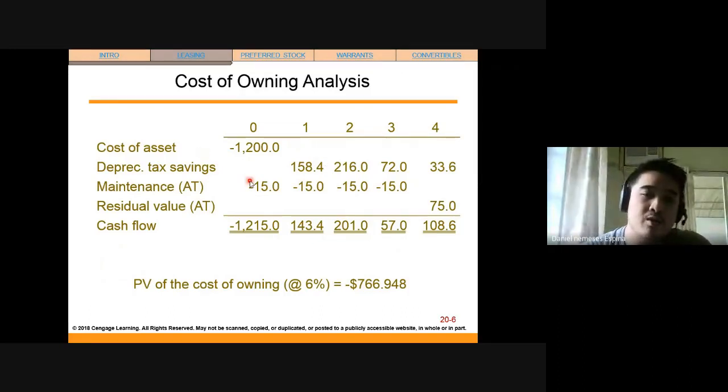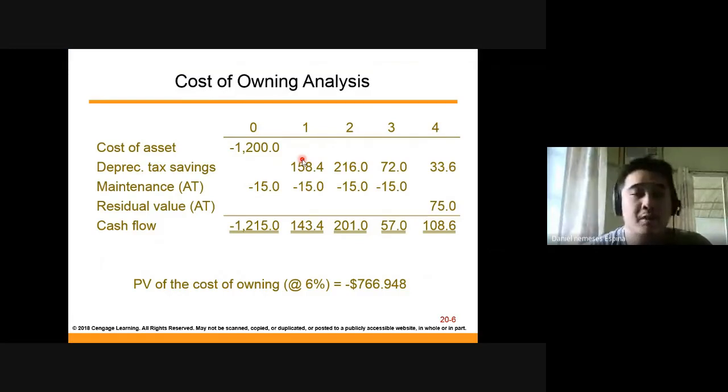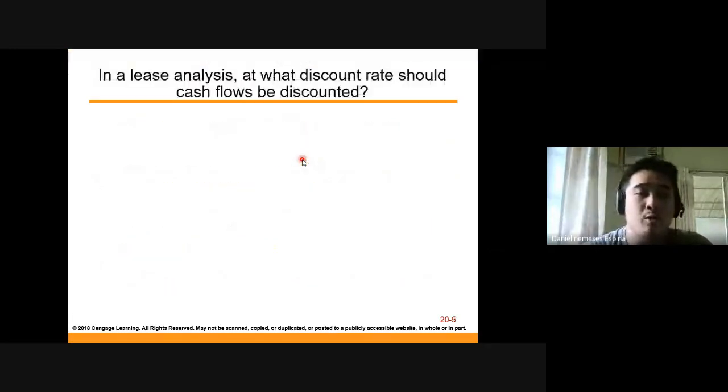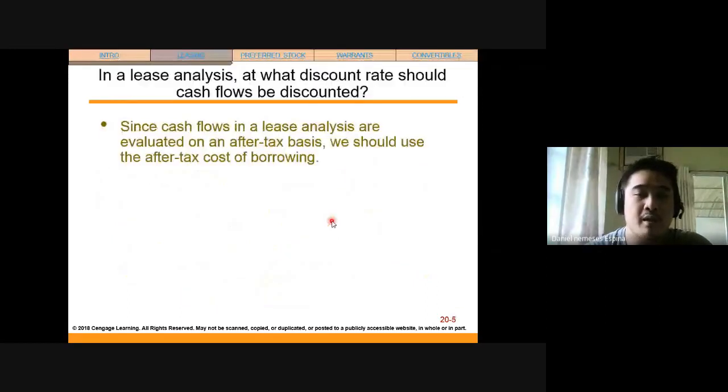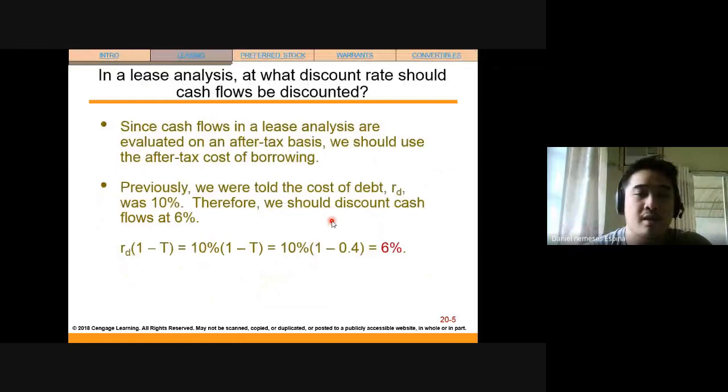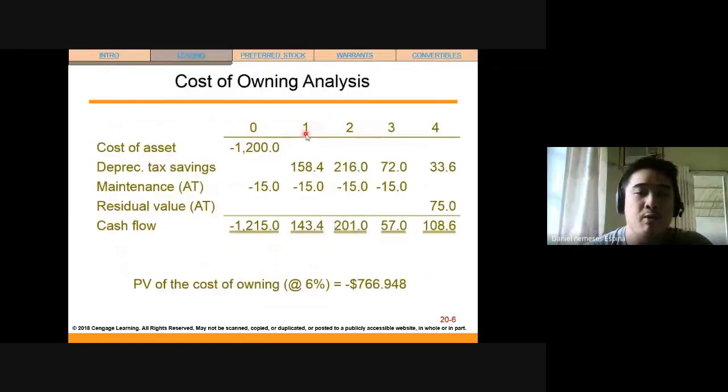Depreciation tax savings. We get the results by multiplying 40% by the depreciation we computed. The depreciation expense, multiply it by 40%, then that is the tax savings.